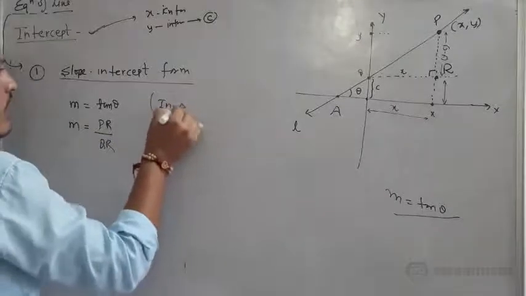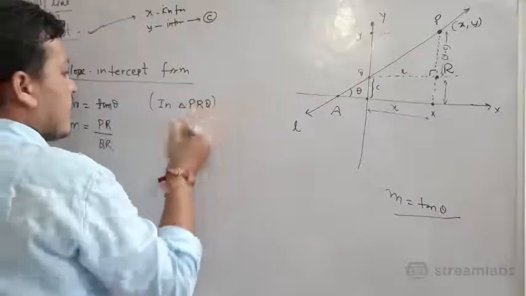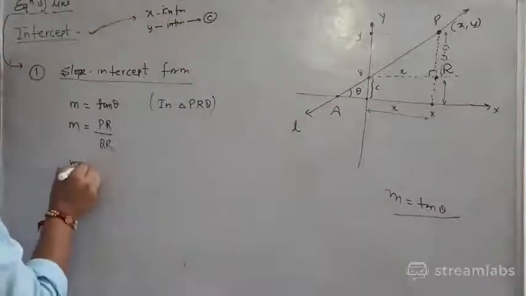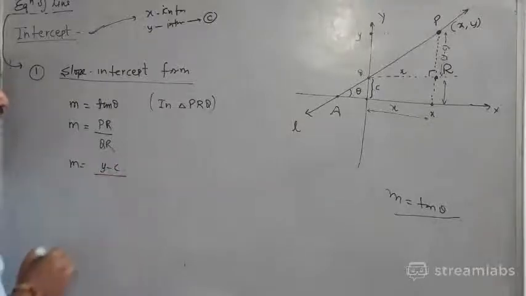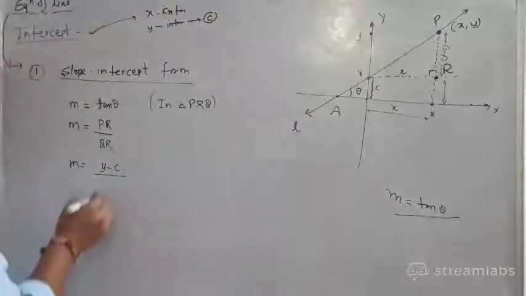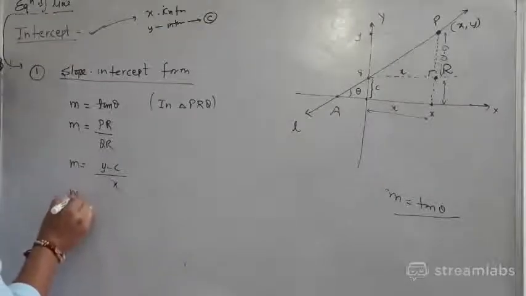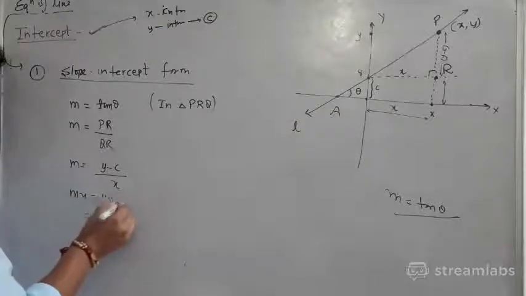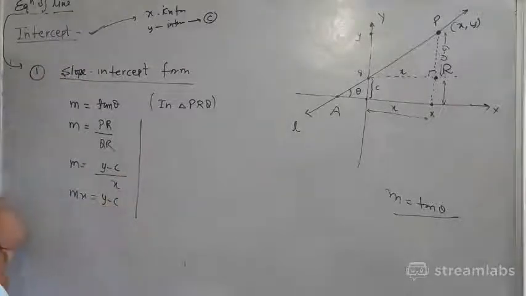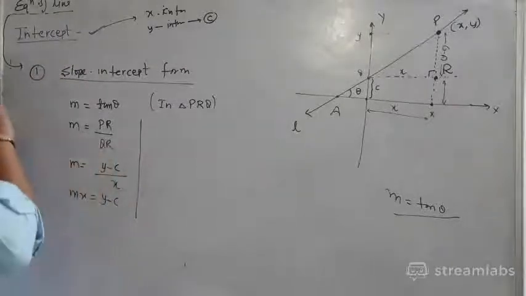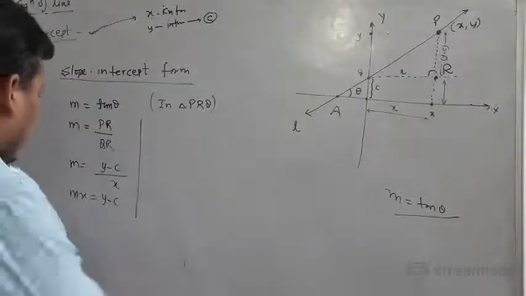In triangle PRQ, m is equal to PR, the distance of PR, which is y minus c, over the denominator x, the base. Cross multiply, so mx is equal to y minus c. Taking c to the left hand side and mx to the right hand side, we get y is equal to mx plus c.